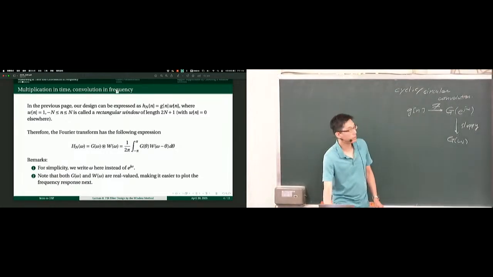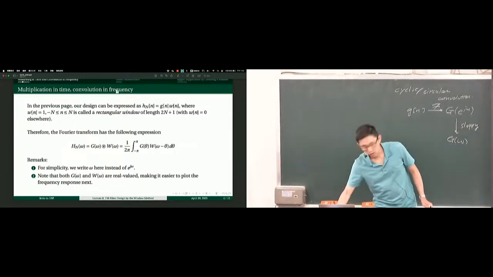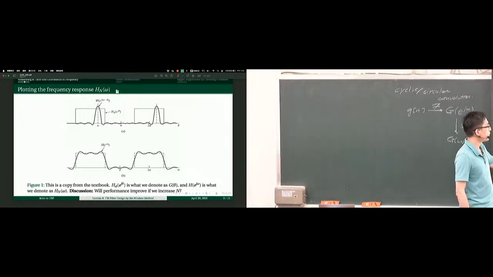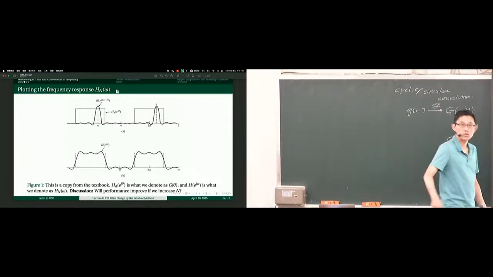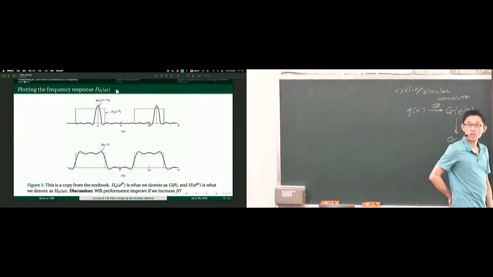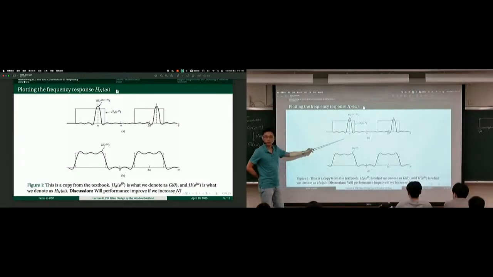Then we can finally take a look at their Fourier transform. So we are looking at an illustration of calculating the circular convolution in the frequency domain. First of all, this is the frequency domain, and we are designing an ideal low-pass filter.